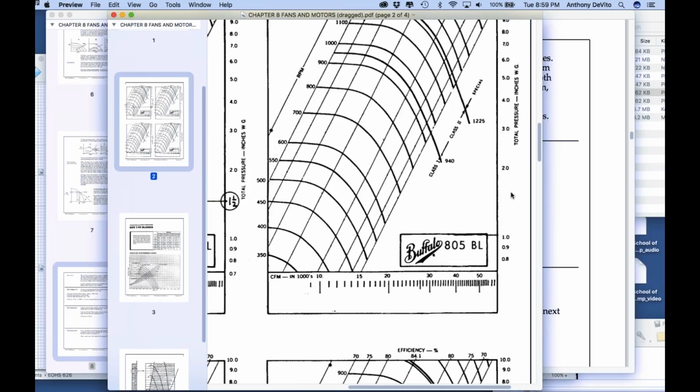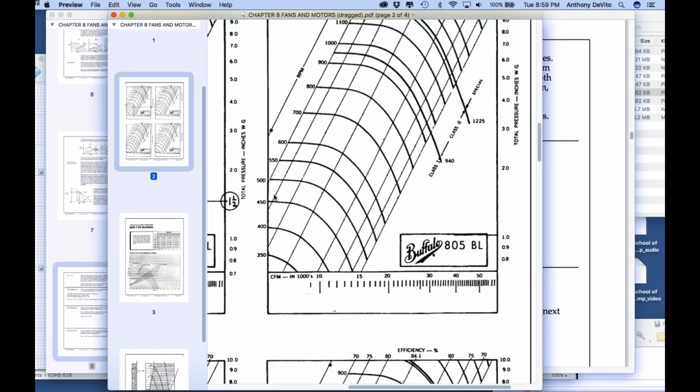So what's our fan total pressure? 1.5. So 1.5 is about there. We need to go over to 10,000 cubic feet per minute. Here it is, down here somewhere. So at 10,000 we go straight up, and we go across here.